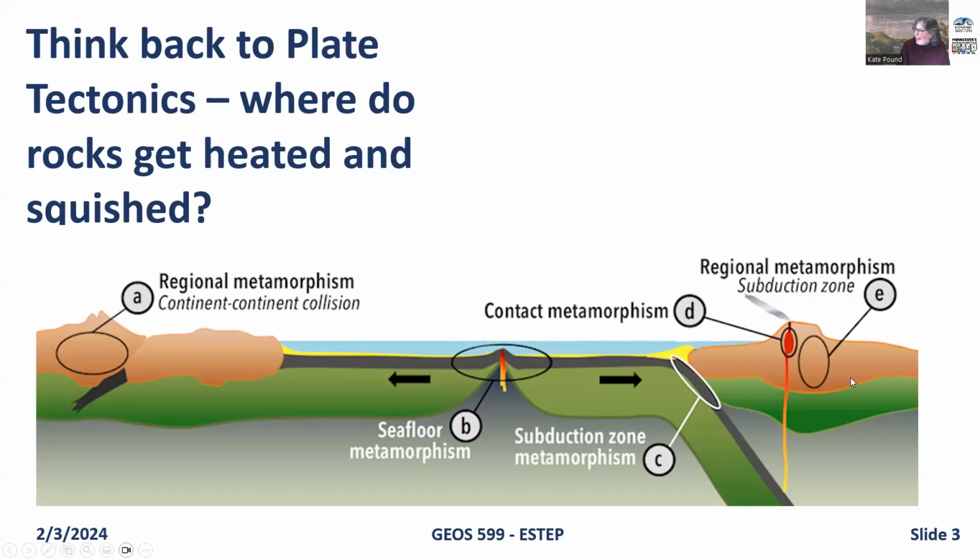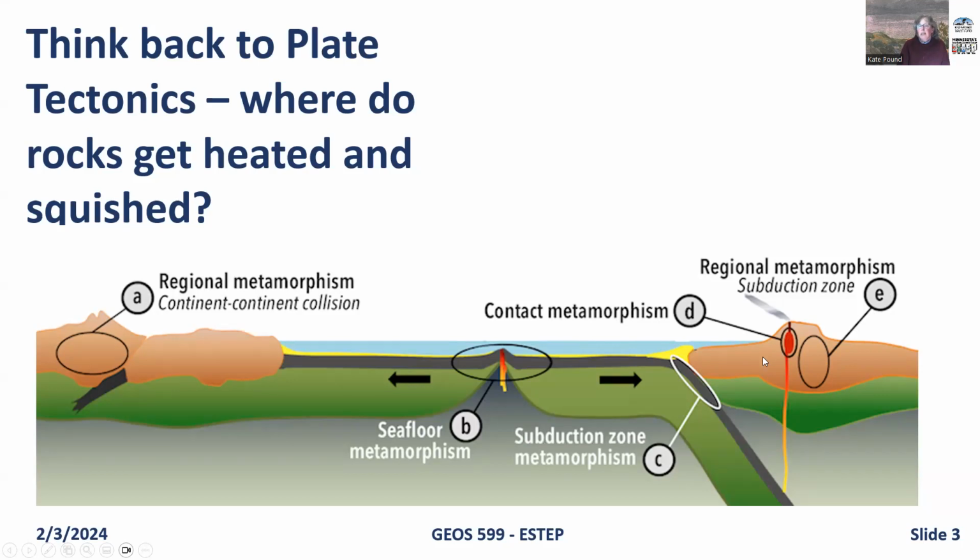Now, anywhere in this area, they've picked out an oval-shaped area E here, but it really could be anywhere in the crust, this brown area in here. We'll get what's called regional metamorphism.